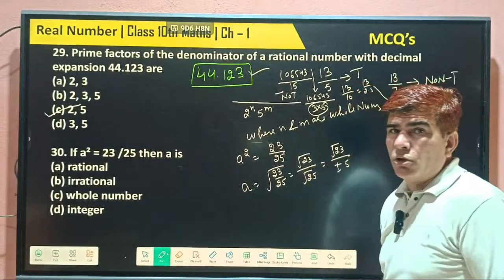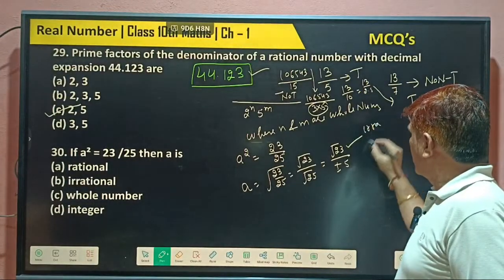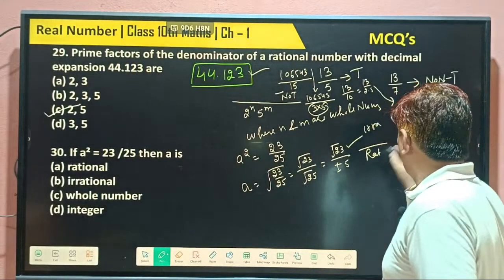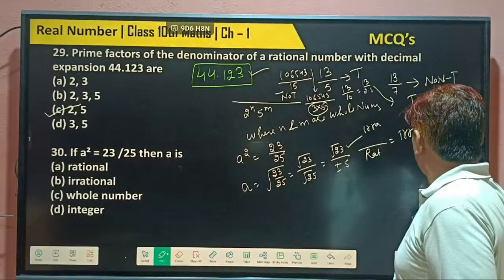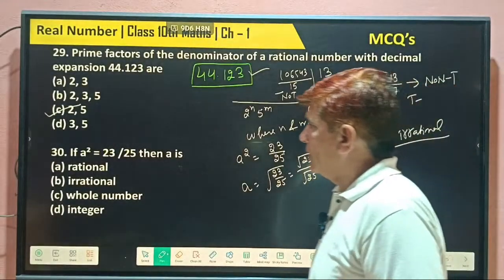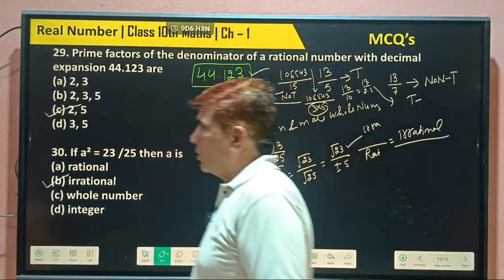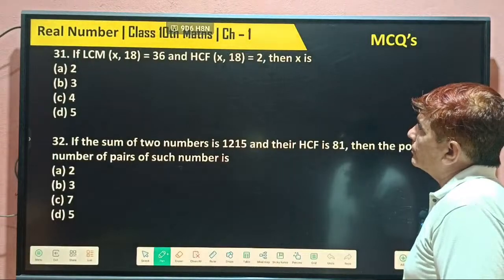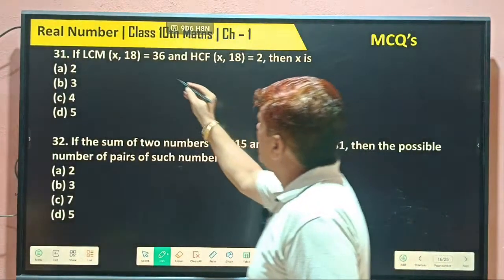So it means the numerator is an irrational number and the denominator is a rational number. Irrational divided by rational is always irrational. So what's your answer? P. Got? Next. The LCM of this is 36.